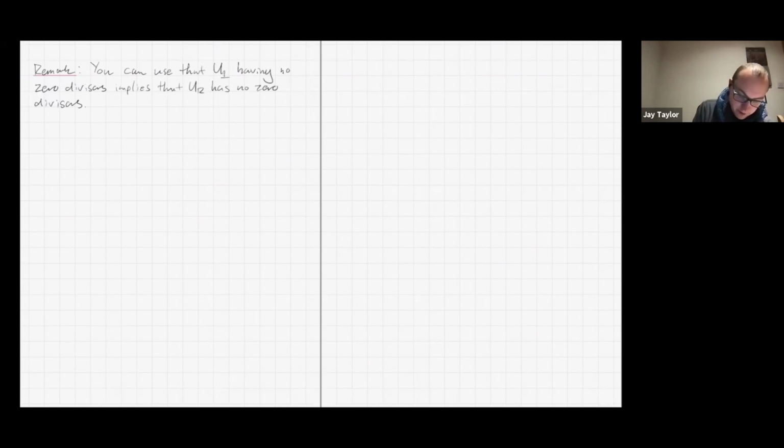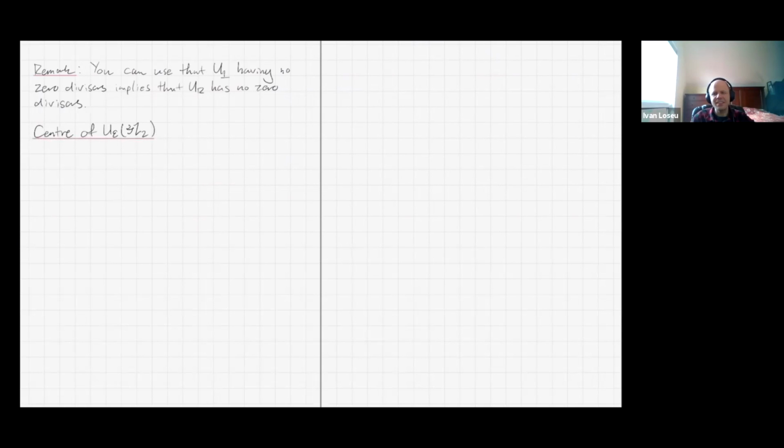Okay, so let's start by looking at the center of this specialized universal enveloping algebra. It's worth pointing out that what we are after is seeing things similar to the corresponding setting in characteristic p.